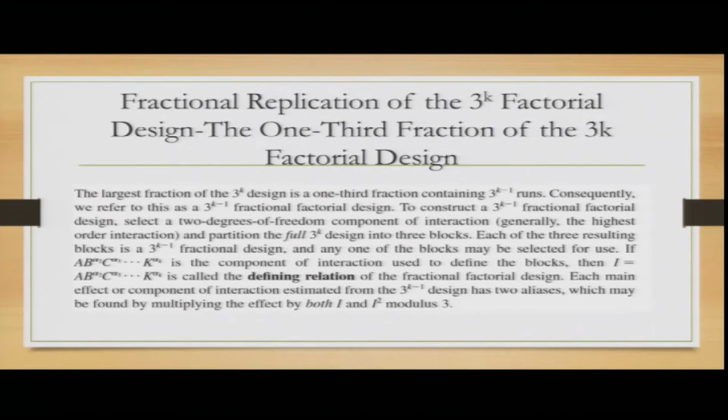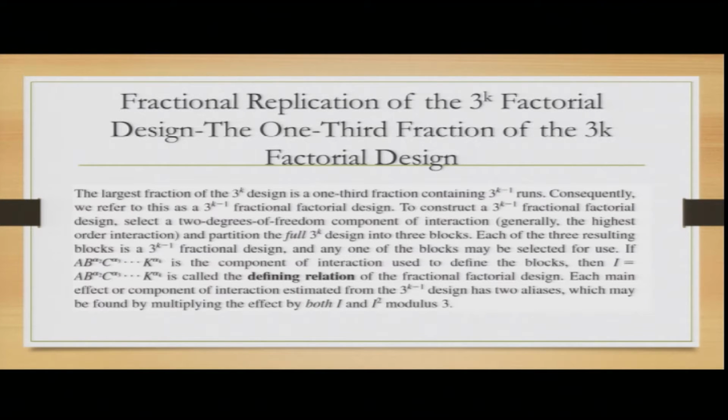Now, the fractional replication of the 3^k factorial design, the 1/3 fraction of the 3^k factorial design, and its blocks. The largest fraction of the 3^k design is a 1/3 fraction containing 3 to the power k minus 1 runs, because that is a degrees of freedom concept. Consequently, we refer to this as a 3^(k-1) fractional factorial design.